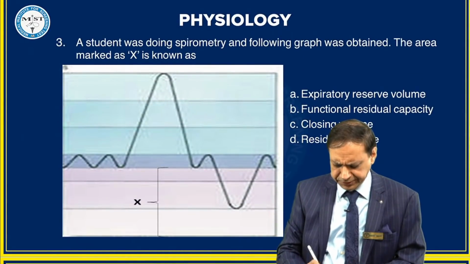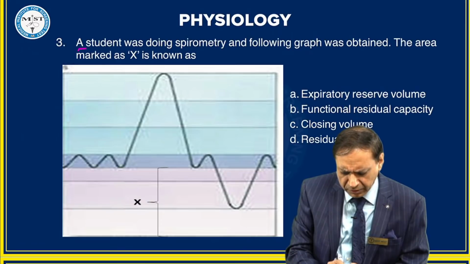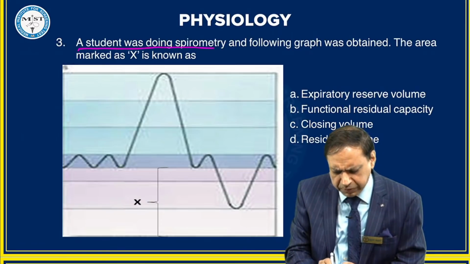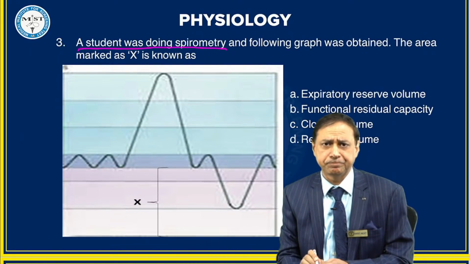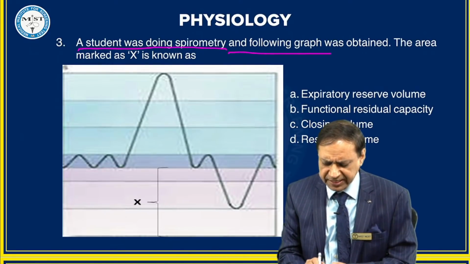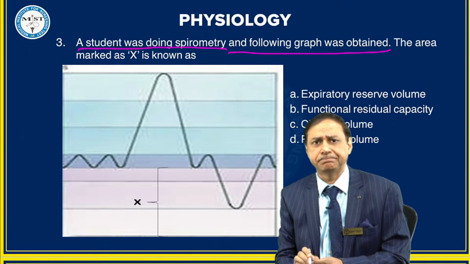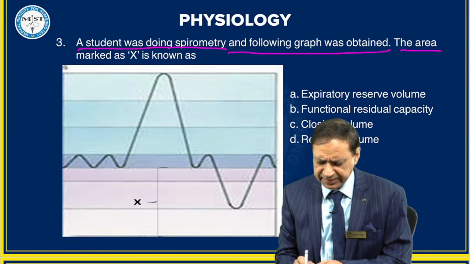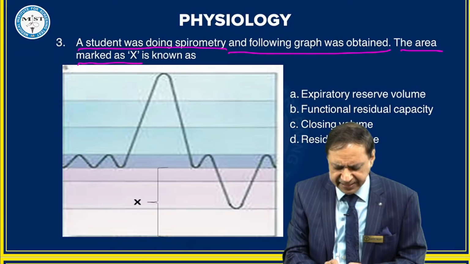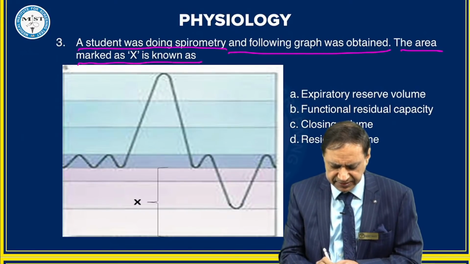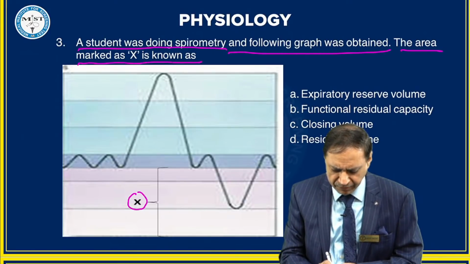A student was doing spirometry and the following graph was obtained. The area marked as X, this is X, what is this thing known as?